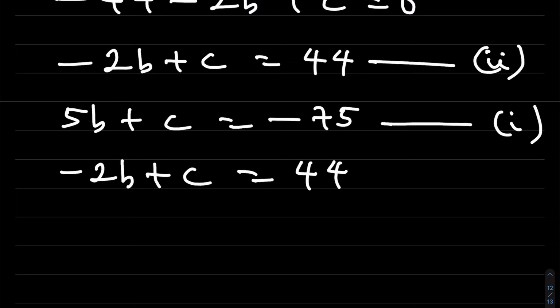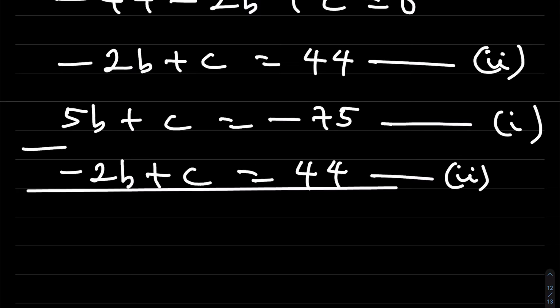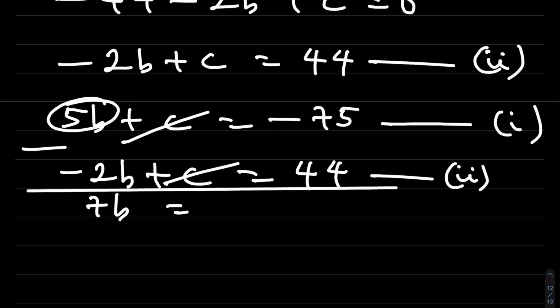The coefficients of c in the two equations are already the same, so I can just eliminate c first. This is equation 2. Now I want to eliminate c by subtracting equation 2 from 1. And that means 5b minus minus 2b, that's 5b plus 2b, which is 7b. c minus c is 0.